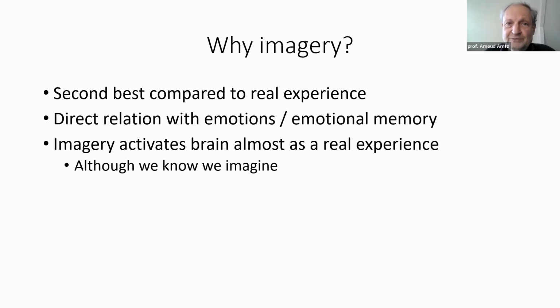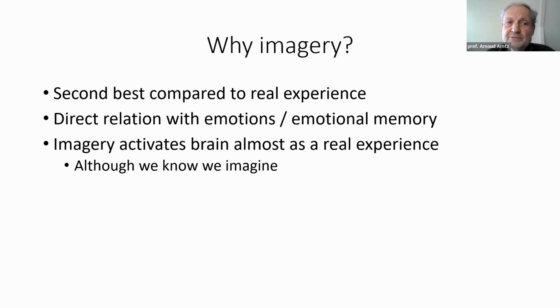That is, if we use imagery, emotions get activated. And also the other way around, if there's activation of emotions or an emotional memory, images pop up. And this relationship is much stronger than with verbal reasoning. With verbal thinking and reasoning, people can take a distance from the emotions, much more than is possible with imagery.